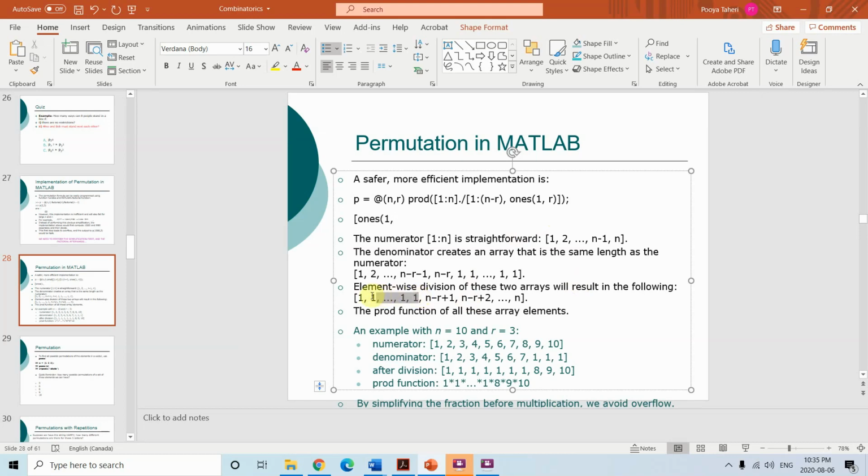Look at it, we will have n minus r ones, so it would be 1 by n minus r. And the rest is going to be n minus r plus 1 all the way to n. Let me actually do this one like this.